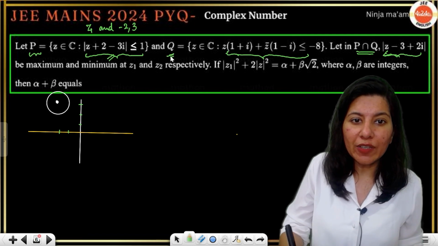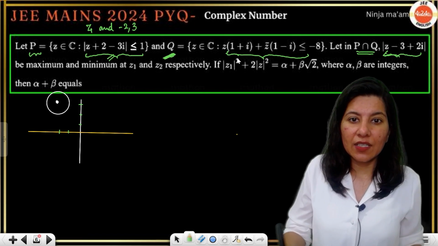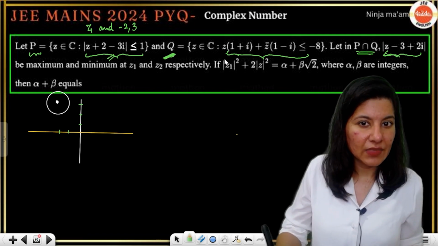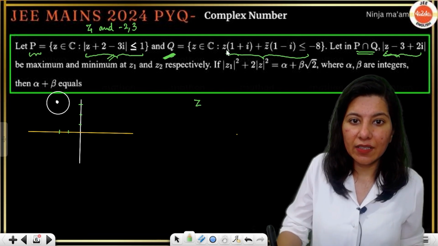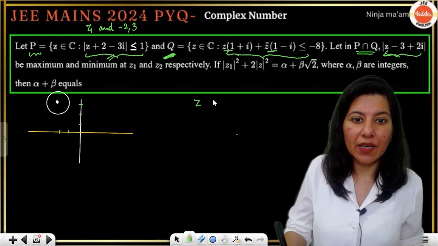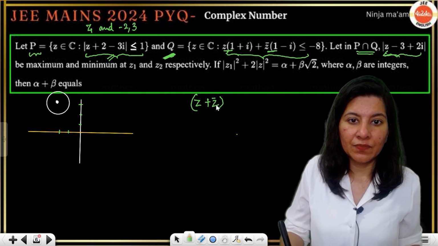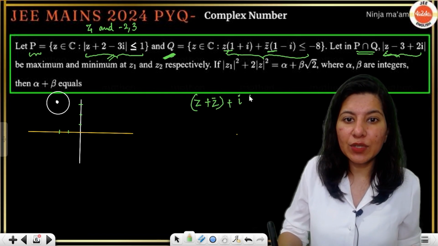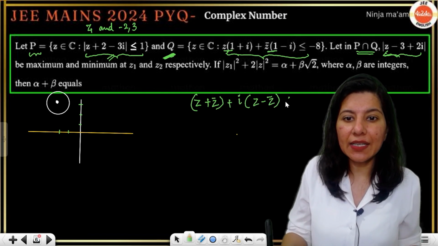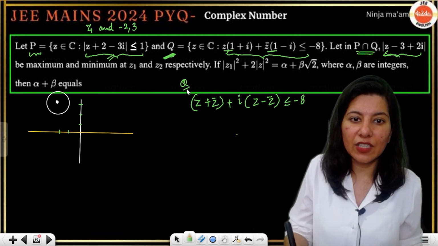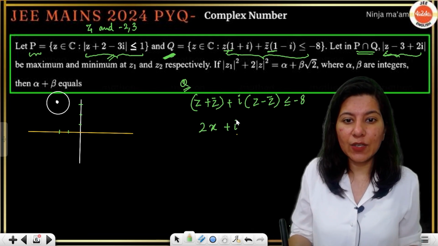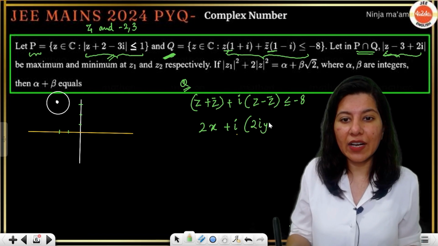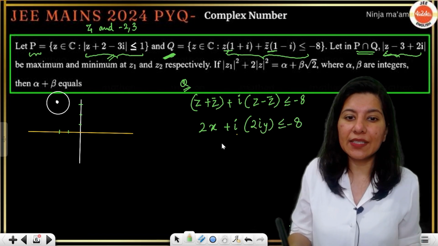So if I talk about Q, again, Z into 1 plus iota, so Z into 1 plus Z bar plus iota, if you take common, this is Z minus Z bar less than or equal to minus 8. We are talking about Q here. This is 2x plus 2 iota y less than or equal to minus 8.